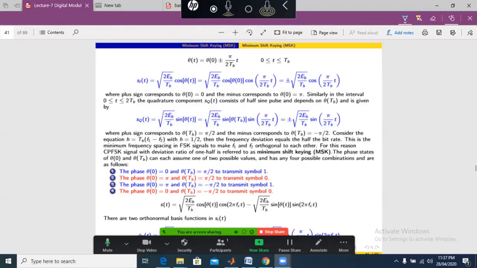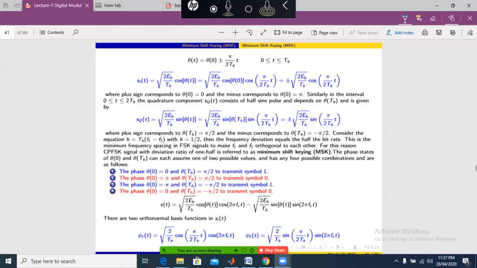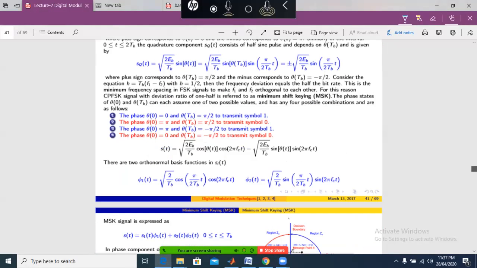As we know, in frequency shift keying, these two frequencies are orthogonal. For this reason, the deviation ratio of 1/2 is referred to as minimum shift keying. Now we go to the basis functions.